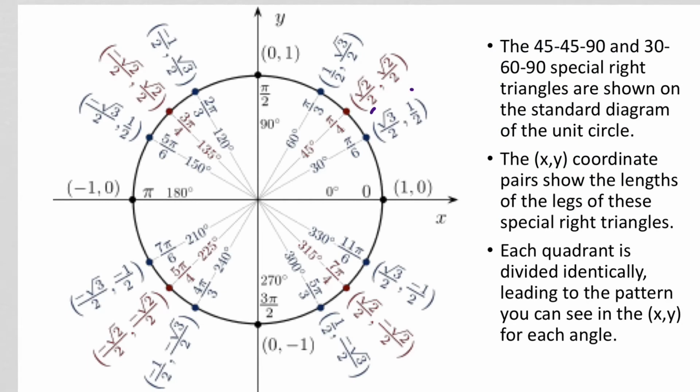It is a good idea to have a copy of this in your notes so that you can mark it up. Sometimes the pi over 3 lines are a little difficult for people to memorize, so I'm going to highlight them. So let's start at 0. I'm going to break it into thirds. So that's 1/3.